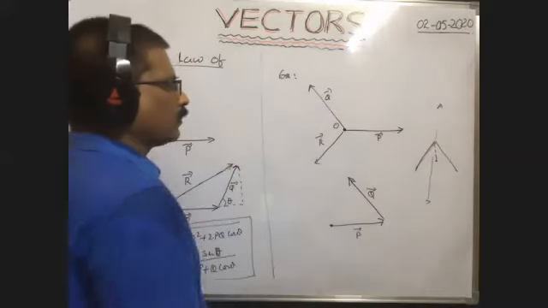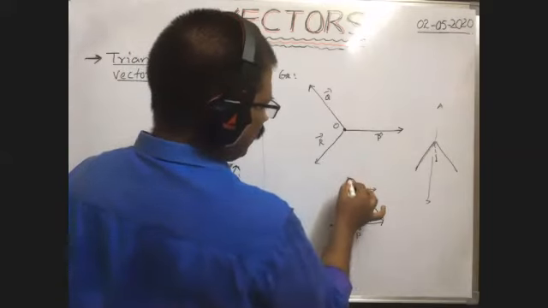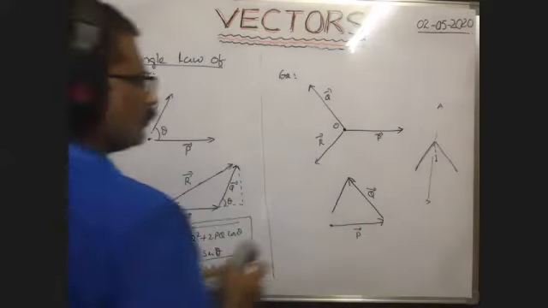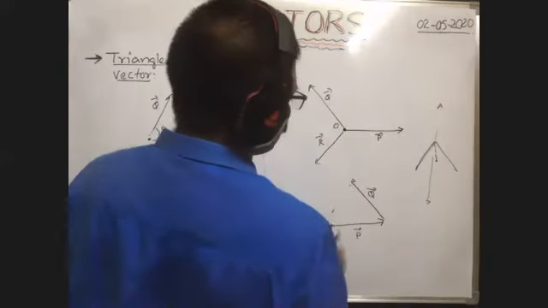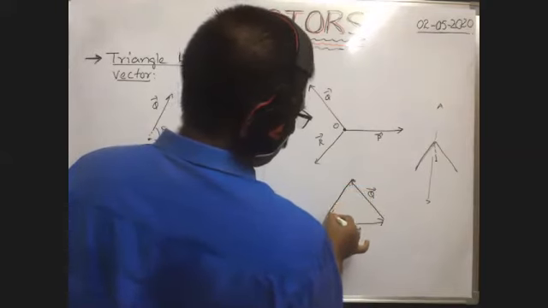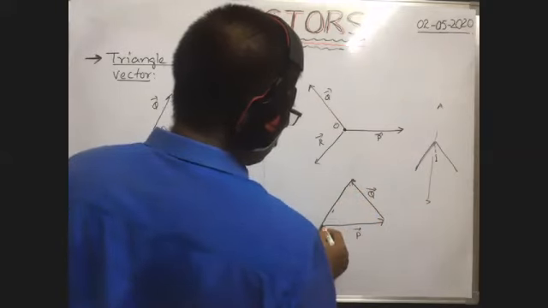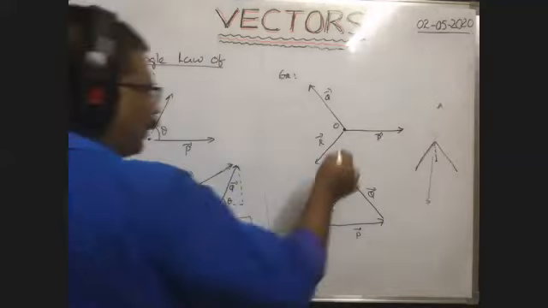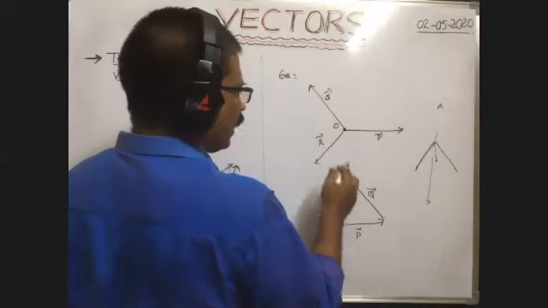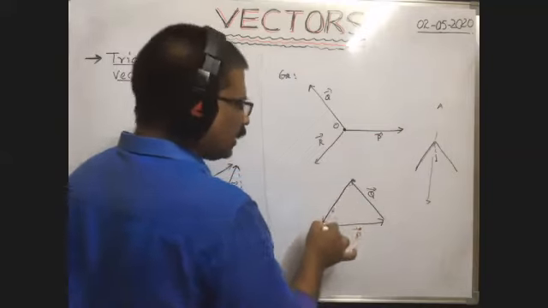Okay. Then you take this one. Parallel to this one, you draw another vector, R bar. Then this is the closing side of the triangle taken in the same order.